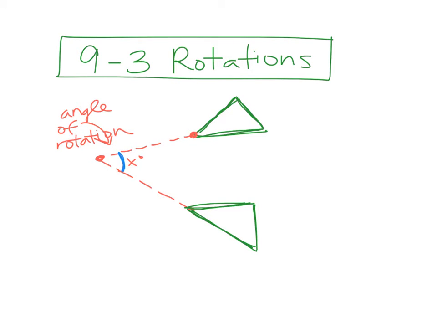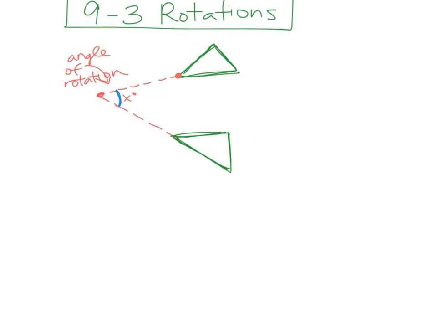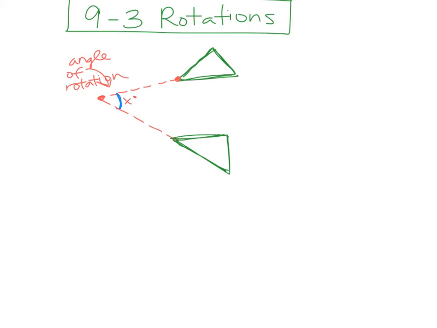I'm going to take that away so you don't get confused with all the overlap. But there's always going to be this one angle that you're going to keep throughout the whole problem. When you write a rotation, this is what Daniel was just asking. Translation was a capital T, reflection was a capital R. Rotation has an issue because it's still an R, but we already used a capital R, so we're going to go lowercase r. When we say a rotation, we will say what we are rotating around.